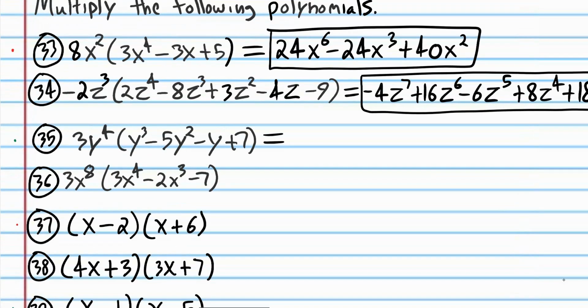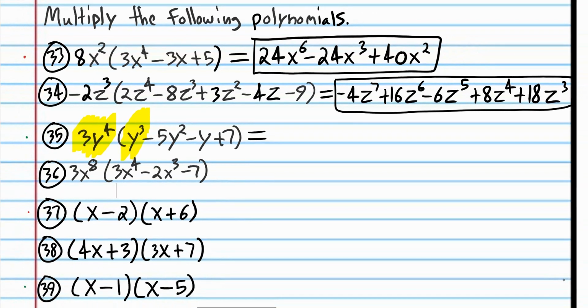Okay, we're back. So again, we're going to use the distributive property. So multiplying these, 3y to the fourth times y to the third is 3y to the seventh. And multiplying that first term by negative 5y squared, we get negative 15y to the sixth, again adding the exponents, 4 plus 2 is 6.